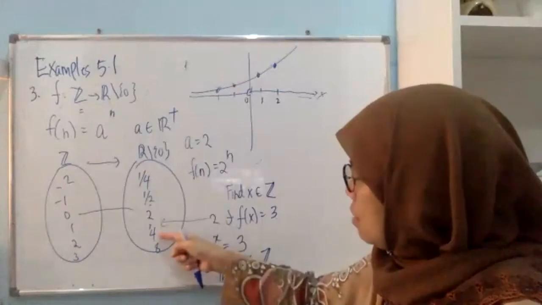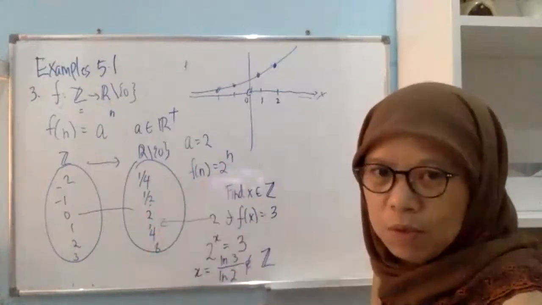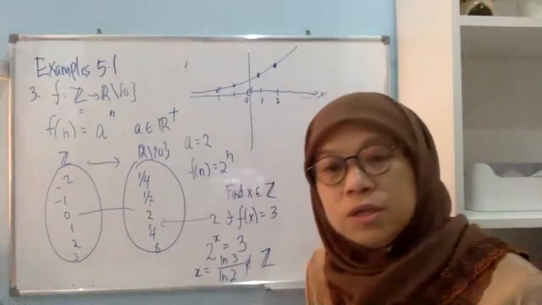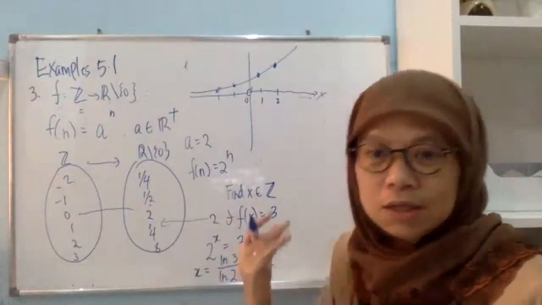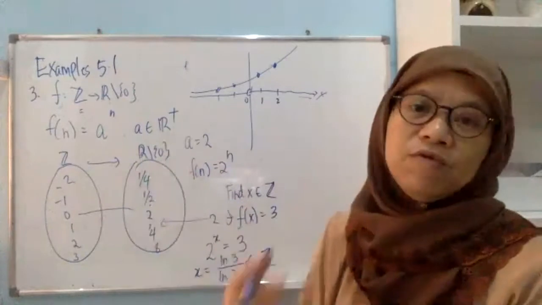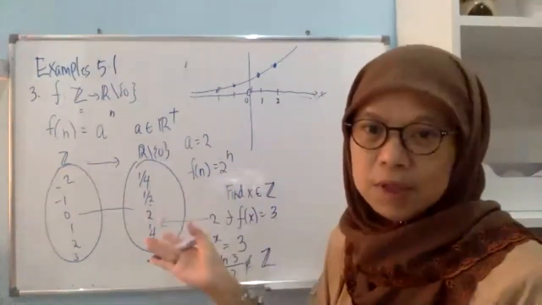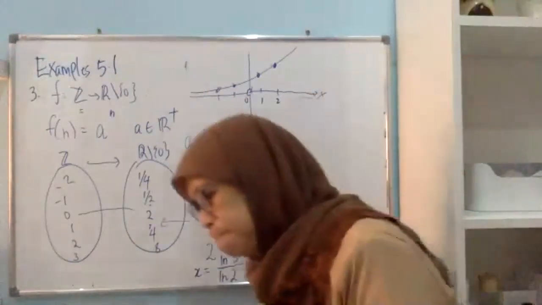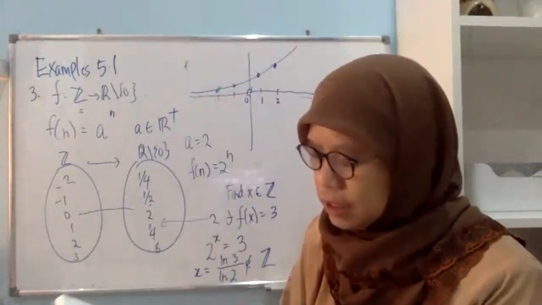So any numbers in between, 5, 6, 7, there's no image mapped to that one. So if you get a question to show it's not onto, you can either show it in general, like just now, I just said natural log this over this is not in Z. Or you can find one specific number from Y which is not mapped by X.